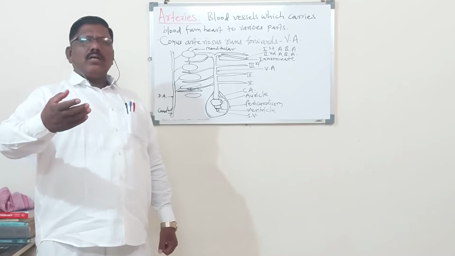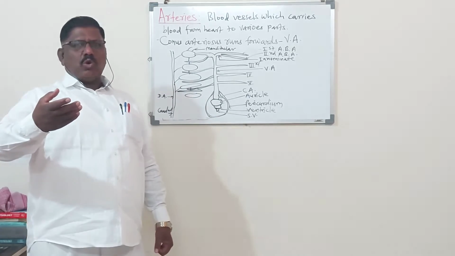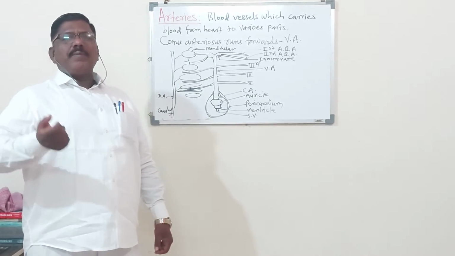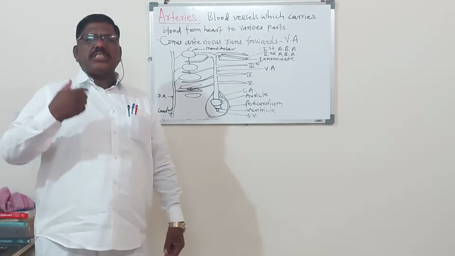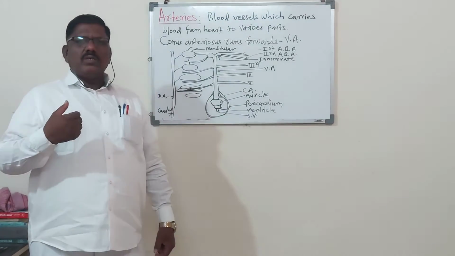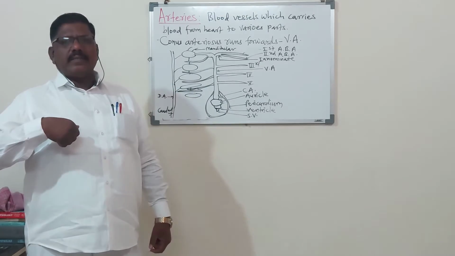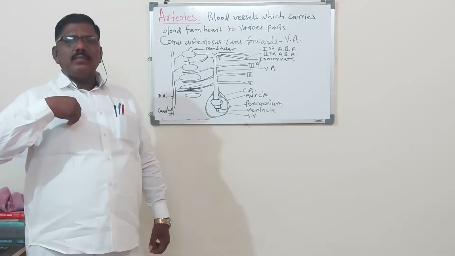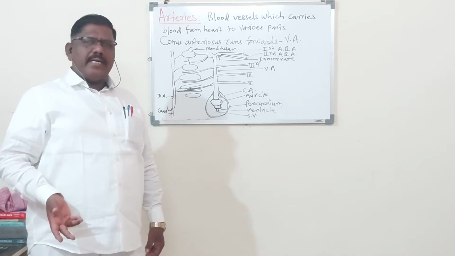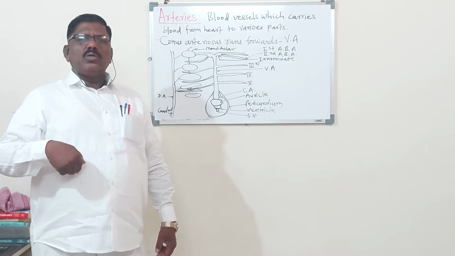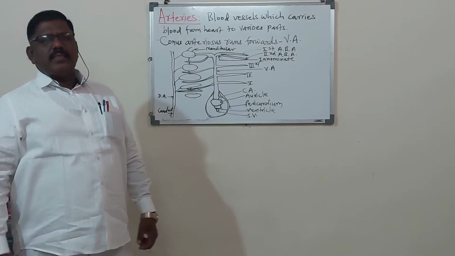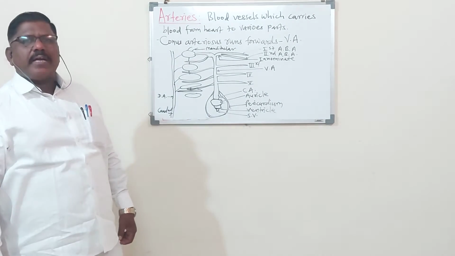We can say the respiratory gases, toxic respiratory gases, oxygen, carbon dioxide. Carbon dioxide is collected by the venous system or veins towards the respiratory organ. In respiratory organ, it is thrown outside and oxygen is taken inside. So purification of blood is in the respiratory organ.